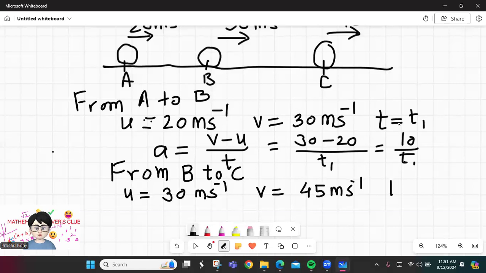And time for this journey, t is equal to t2.